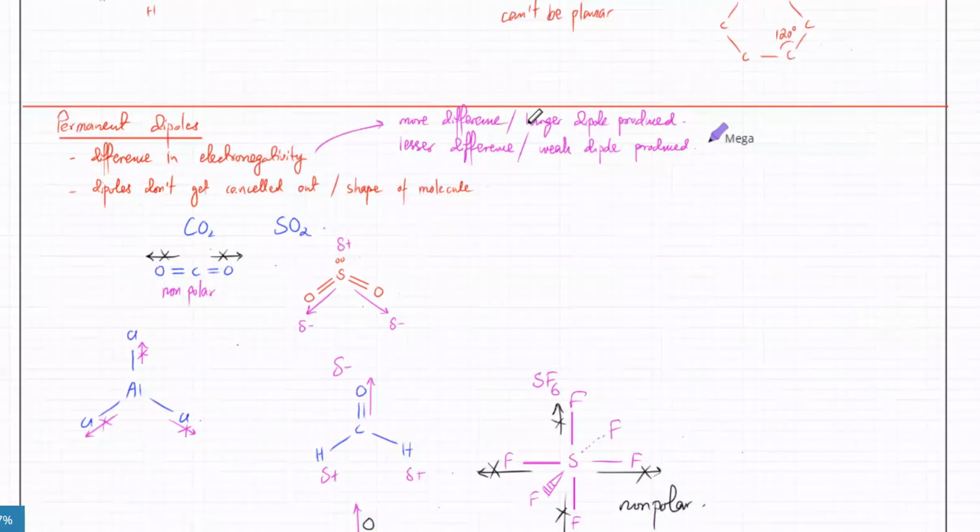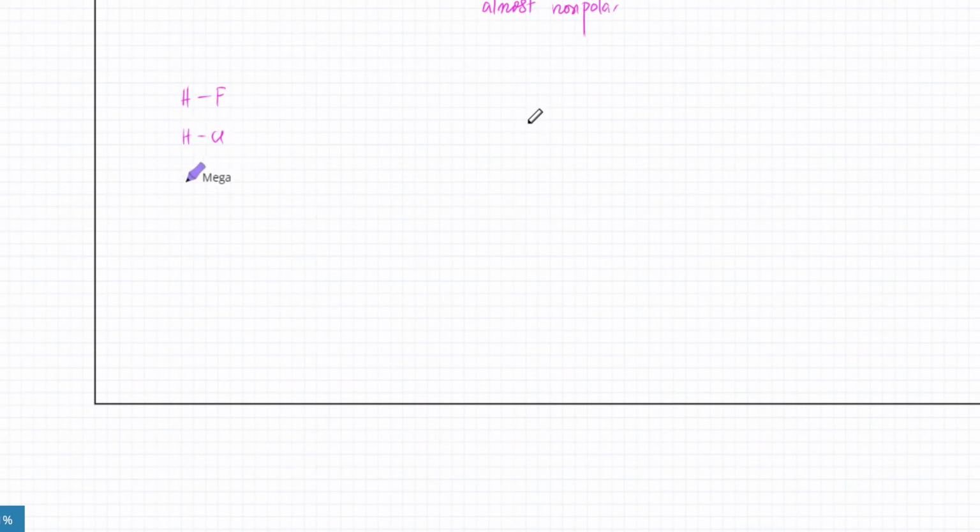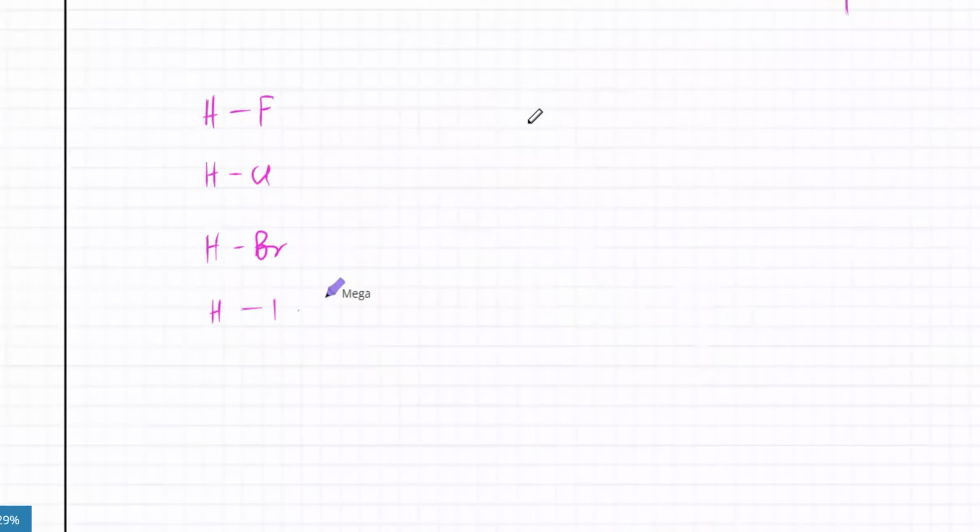So for example, बस ये इधर खत्म कर लेते हैं dipoles वाला, if I have three molecules and I've got HF, I've got HCl, I've got HBr, and I've got HI. So out of the three, which one is the most polar? कौन सा वाला? First one or the last one? नहीं, लोन पे तो कहीं नहीं है बीच में.